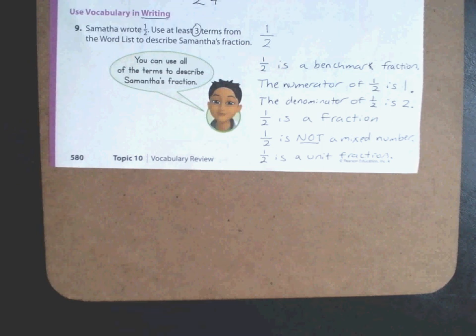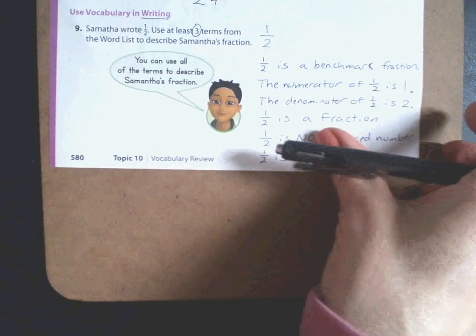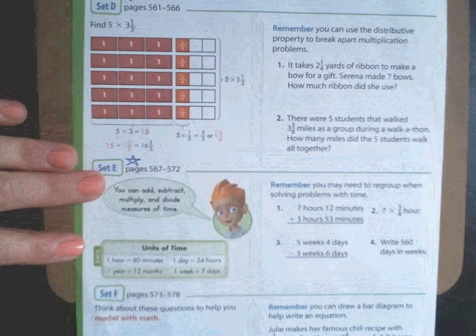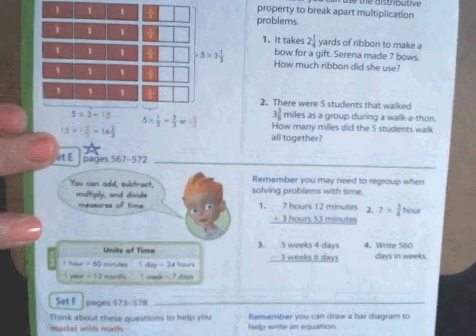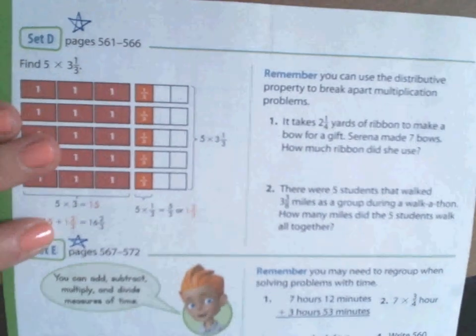Now what I want you to do is we're going to be working on the next page, sets D and E. So first we'll take a look at set D. Let me just focus in here better.